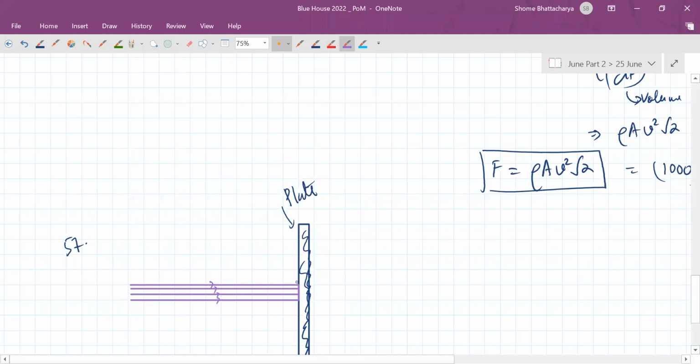And after the water hits, it goes off tangentially like this. So I think you have to calculate the normal force, right?